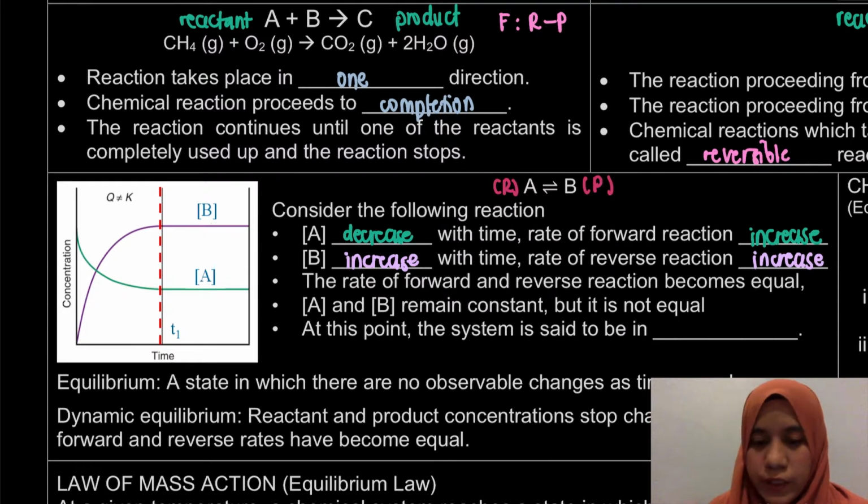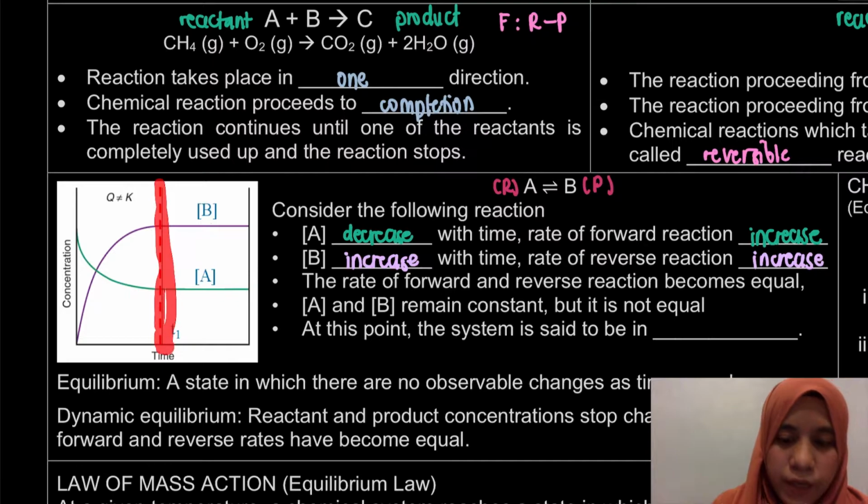At one point, the rate of forward and reverse reaction becomes equal. So, what does it mean by equal? At one point, after T equal to 1, what happens is that the concentration of A and B remain constant.